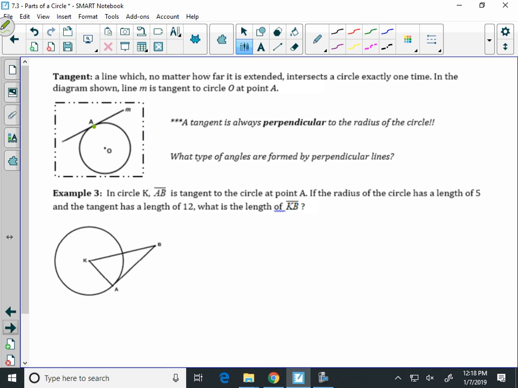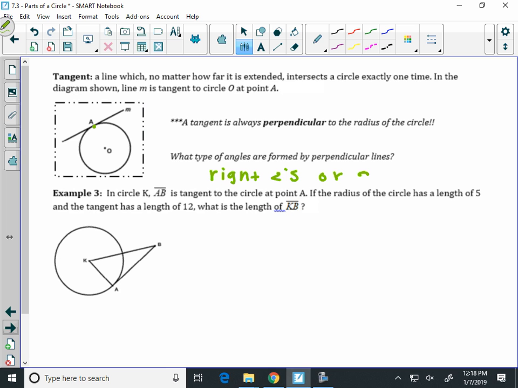Right? An important fact to know is a tangent is always perpendicular to the radius of a circle. What type of angles are formed by perpendicular lines? We have 2 perpendicular lines. What kind of angles are always formed? Right angles. Very good. So that's really, really important to know.